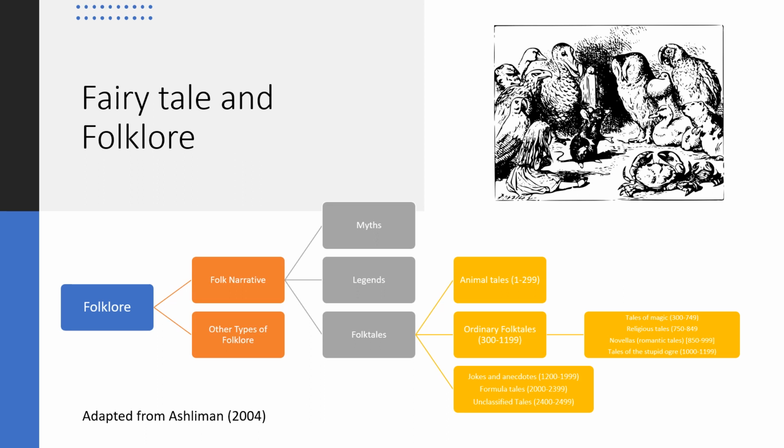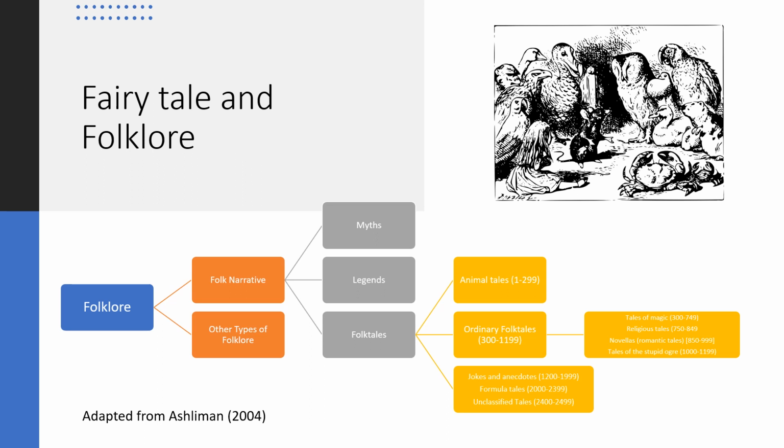Now let's again focus on the figure. In this classification that Ashliman created, that I adapted from Ashliman, Ashliman himself actually adapted the classification of folk tales from Aarne, Thompson and Thompson's folktale types.